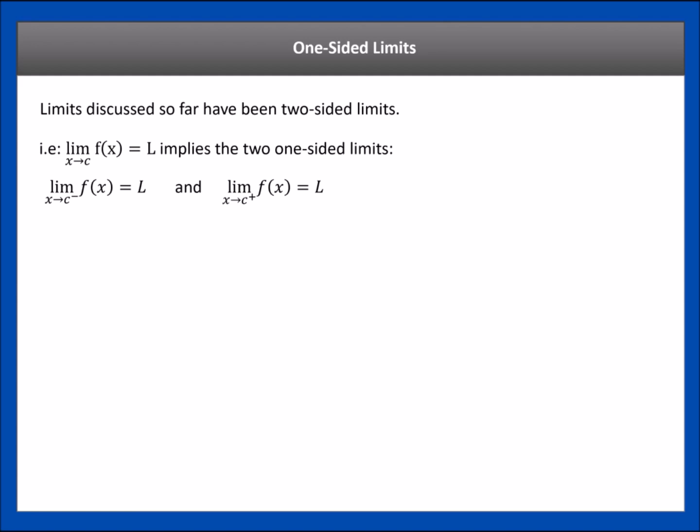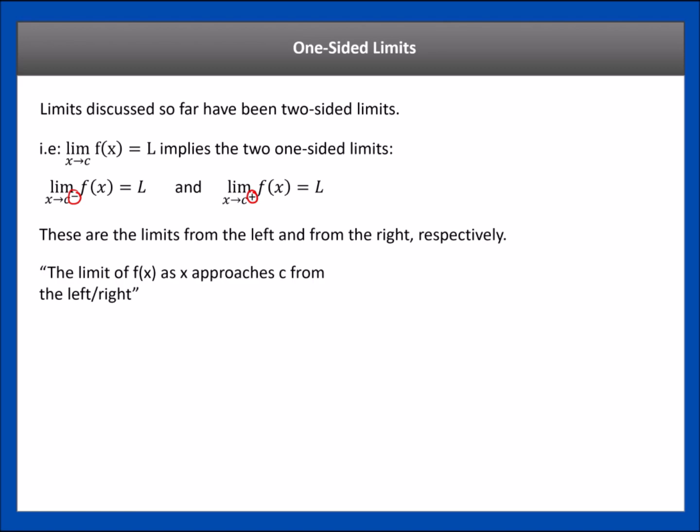For example, the limit of f of x as x approaches c is equal to L. That actually implies two one-sided limits: the limit of f of x as x approaches c from the left side is equal to L, and the limit of f of x as x approaches c from the right side is equal to L. So when we say general limits, we actually mean these two one-sided limits, the limits from the left and from the right, respectively. It's read as the limit of f of x as x approaches c from whatever direction you want, left or right.